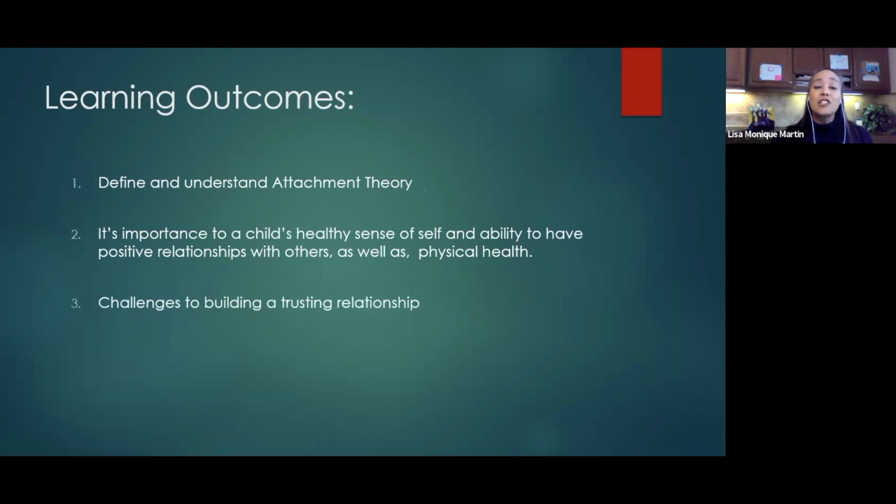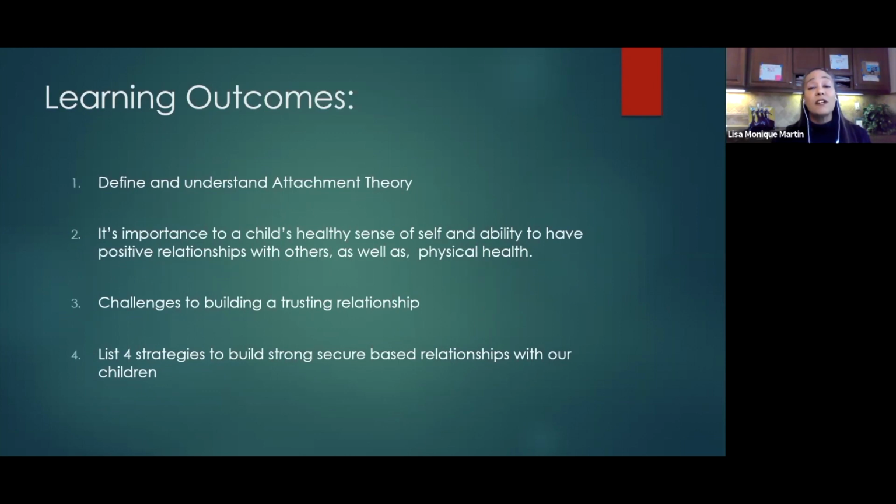We will also look at challenges and be able to name some in building a trusting relationship. And then we're also going to come away with the ability to list 4 strategies to build strong, secure-based relationships with our children that we are serving.